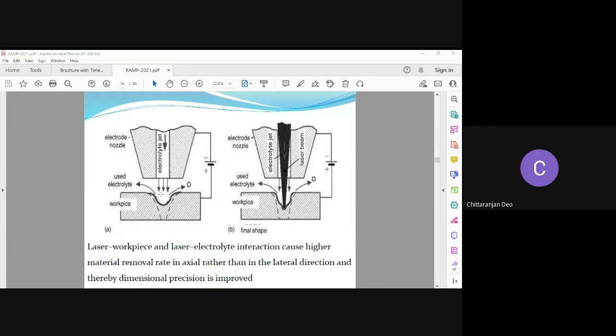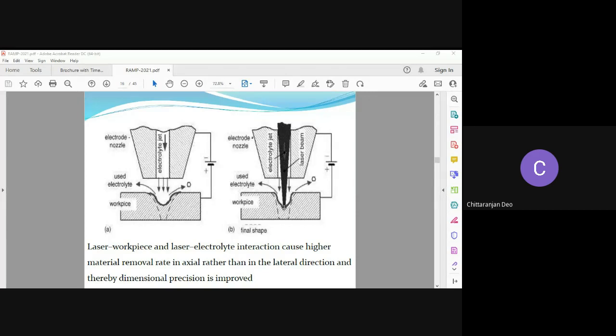There the material is removed in a wider manner, but when you focus this laser beam at a particular point, the heat generation is much more and the dissolution takes place much faster at that point and material gets removed. So for precision machining, this laser assisted electrolyte jet electrochemical machining is preferable.